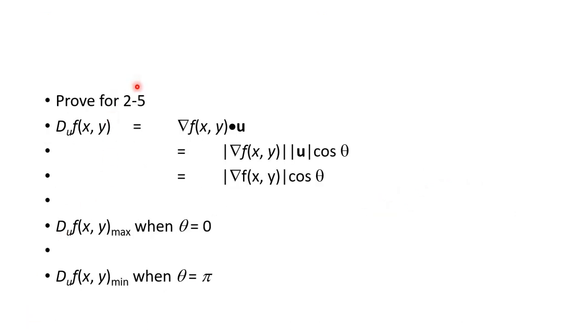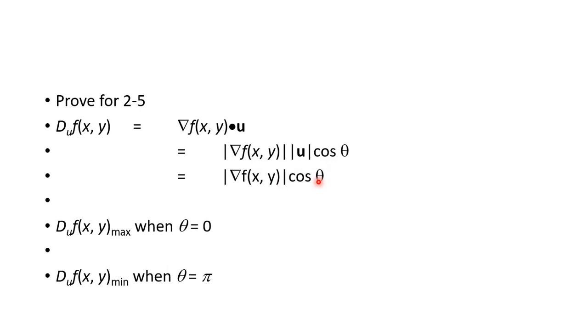Proof: from 2.5, we know the directional derivative Du f(x,y) is the gradient vector dot with u. Using the dot product, we have the magnitude of the gradient vector multiplied by the magnitude of u times cos theta. u is a unit vector, magnitude 1, that's why we have the magnitude of the gradient vector multiplied by cos theta.